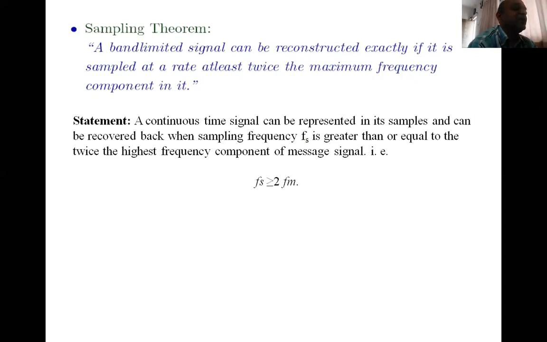Now let us define sampling. Sampling is the process of reduction of continuous time signal to a discrete time signal. And if you want to get continuous time signal back from the discrete time signal, then you can do this, but there is some condition, and now we will try to obtain the particular condition. So let's move on to the next part of this lecture.